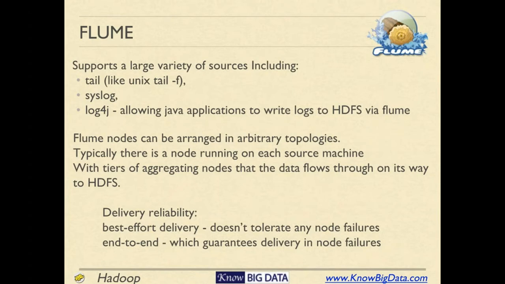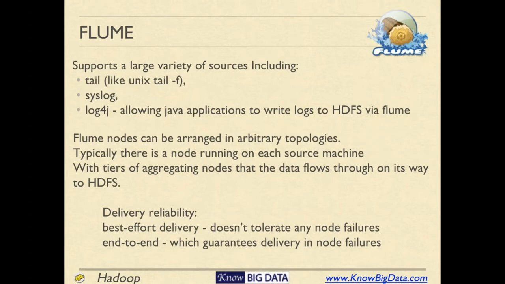Now, Flume nodes could be arranged in arbitrary topologies as we showed you in the previous screen. Typically there is a node running on each source machine, that is, the machines which are producing data. And when you have these tiers of aggregating Flume agents, the data flows its way to HDFS.